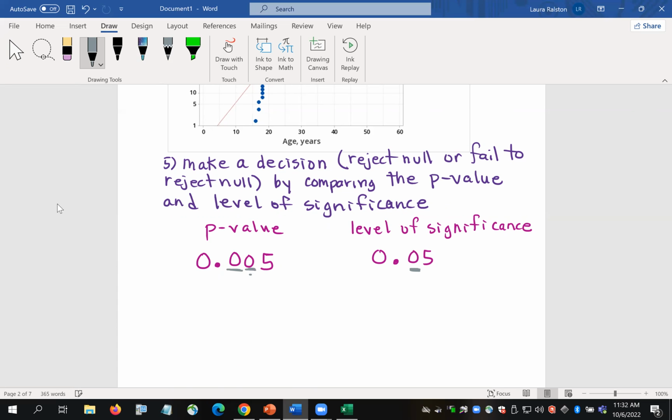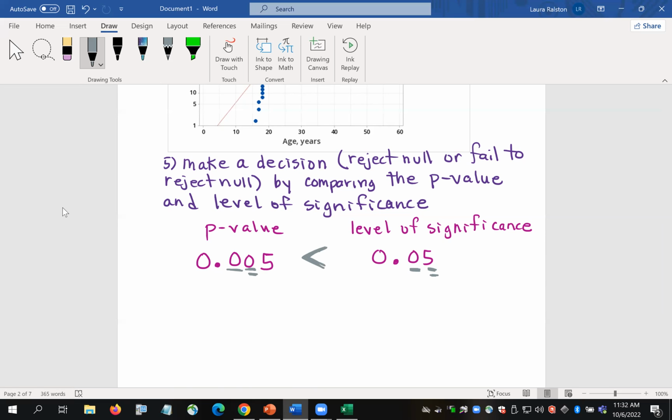In the second place after the decimal, for the p-value, I have a 0, and for the level of significance, I have a 5. I can compare those. I should know that 0 is less than 5.